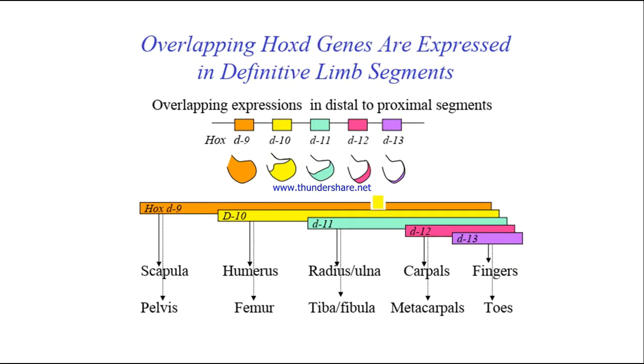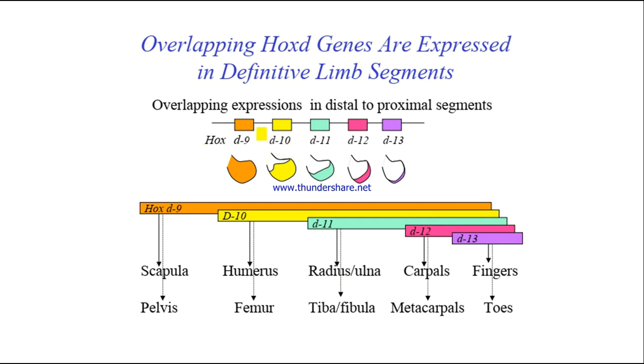The overlapping HOX genes are expressed in definitive limb segments, and we've got this overlapping expression in the proximal to distal segments. Here we can see how, for example, HOXD9 gives rise to the region of the scapula and pelvis, D10 to the humerus and femur, D11 to the radius and ulna, carpals, metacarpals, and D13 the fingers and toes.